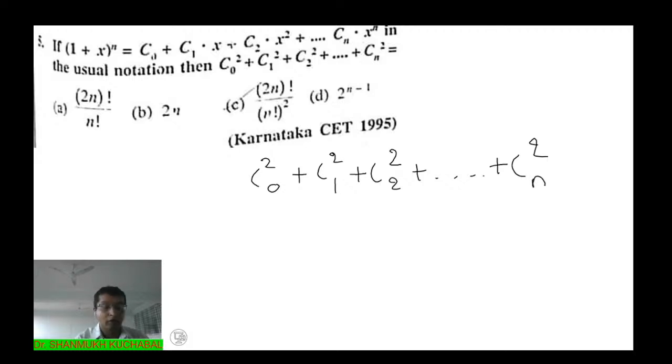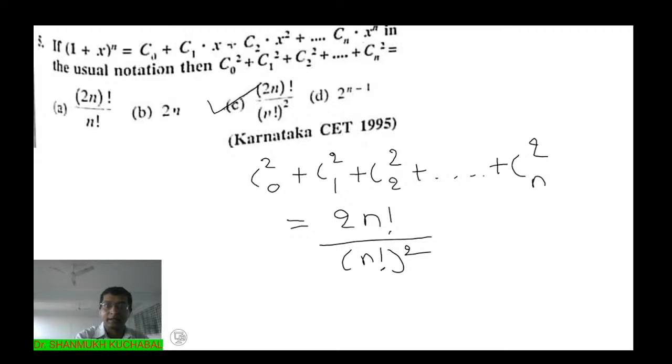This is one of the standard formulas. So this is given by the expression 2n factorial divided by n factorial whole square. Therefore option C, 2n factorial divided by n factorial square, is the right answer.